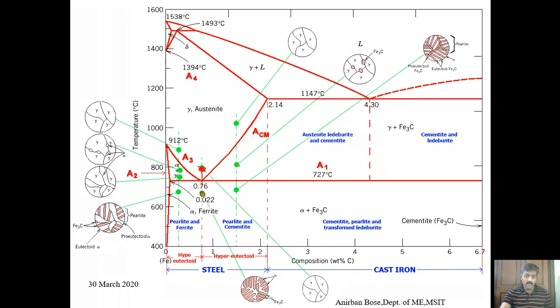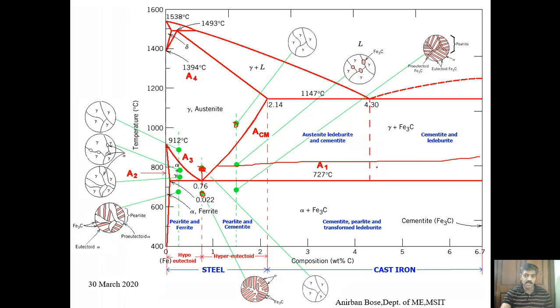Now if you move through this region, that means if the carbon percentage is more than the eutectoid composition, which is 0.76, suppose you are at 1.5% carbon. Now if you heat it up to this much and then gradually cool it, the austenite composition will be like this. Now if you gradually cool it, then at this region you can see some of the Fe3C will now form, because this is a two-phase region.